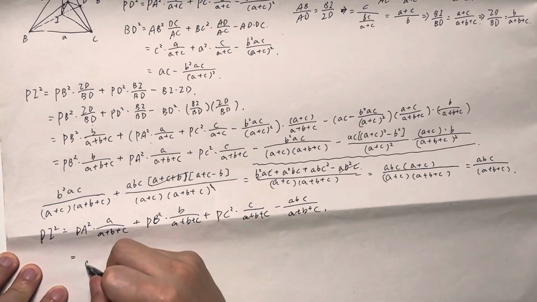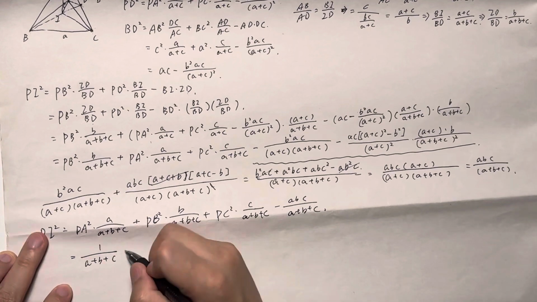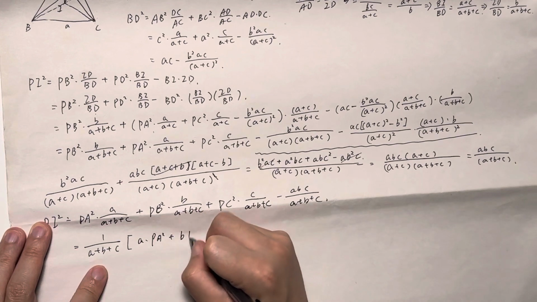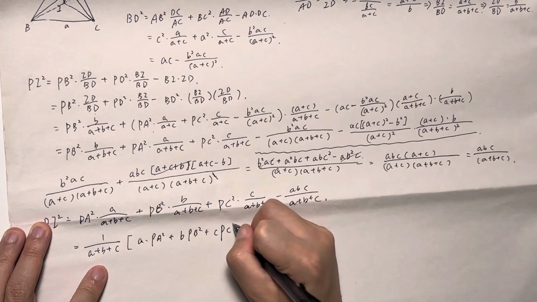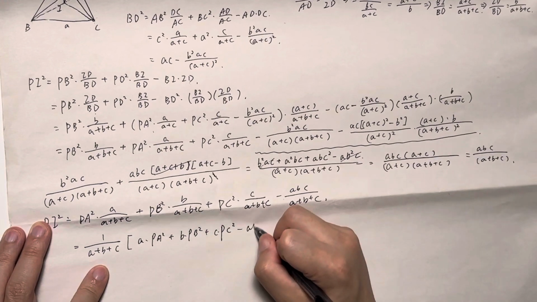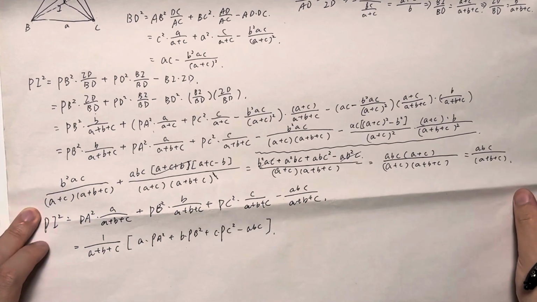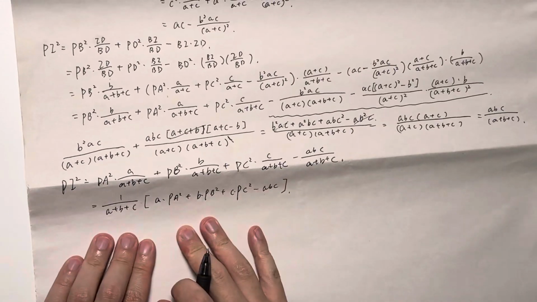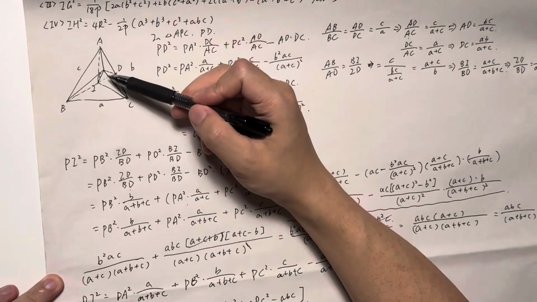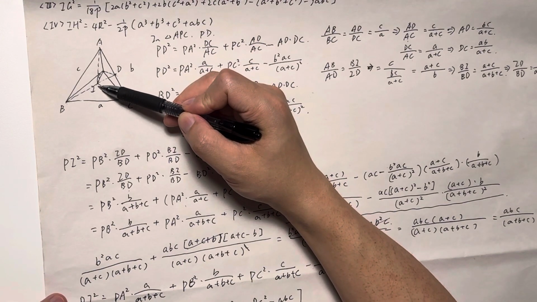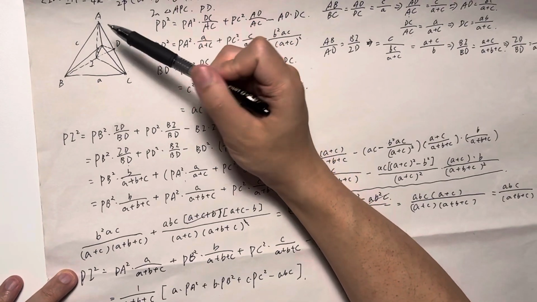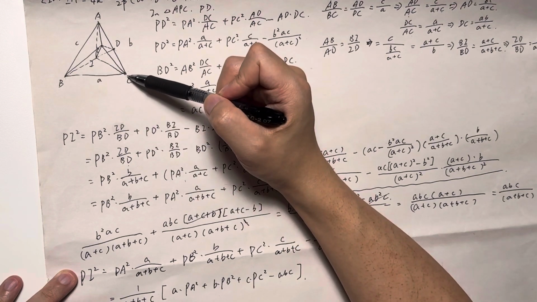Or we can just write it as A plus B plus C times A PA squared plus B PB squared plus C PC squared minus ABC. Okay, now we can calculate the distance of any point to the incenter as a function of this point to the vertex of the triangle, right?